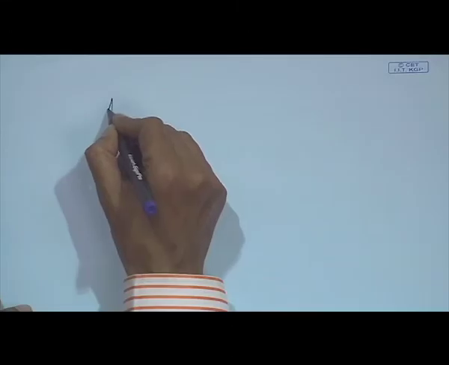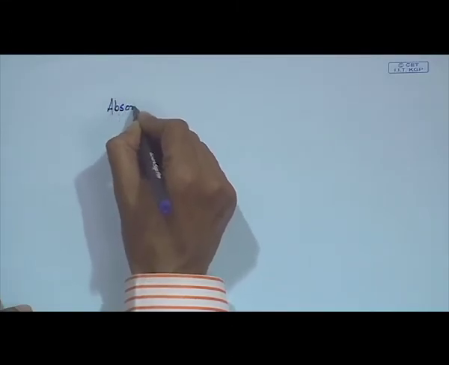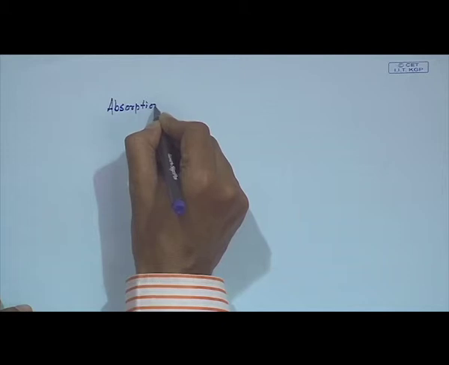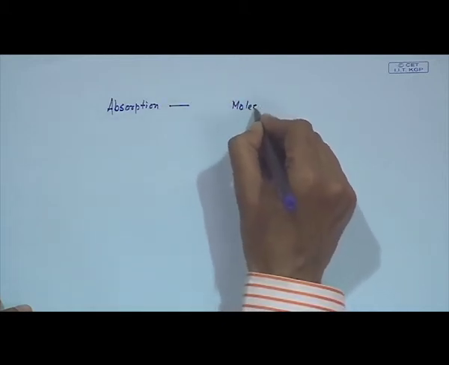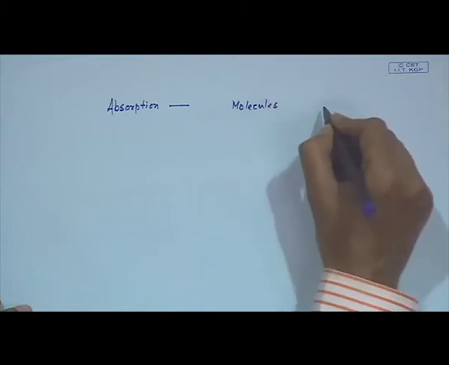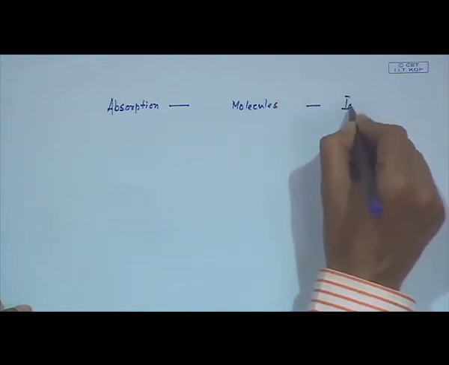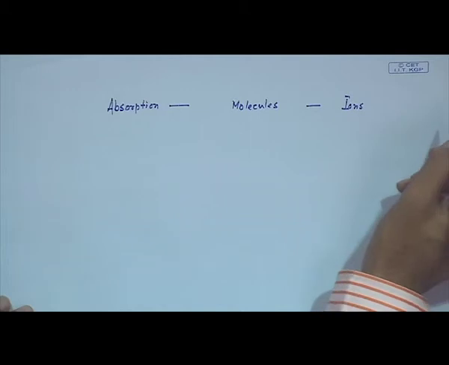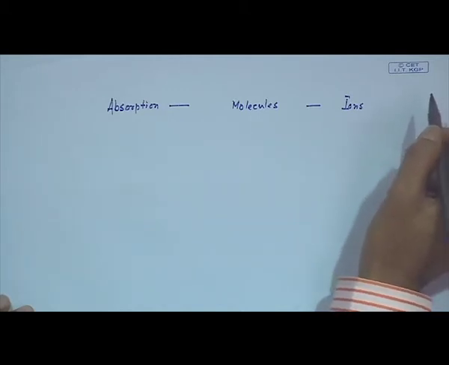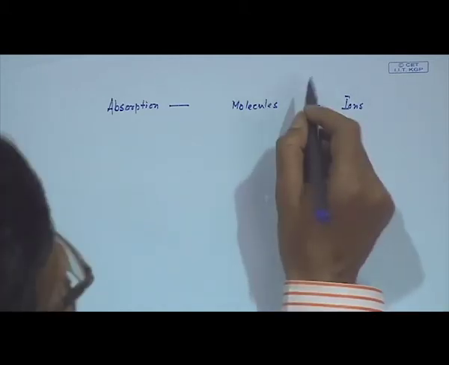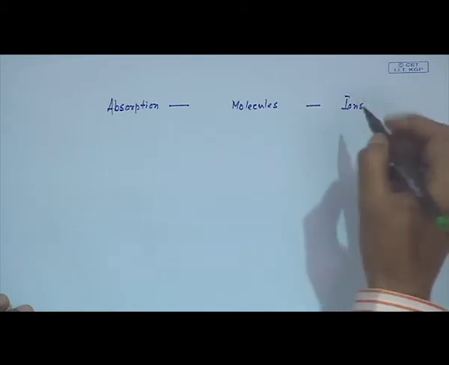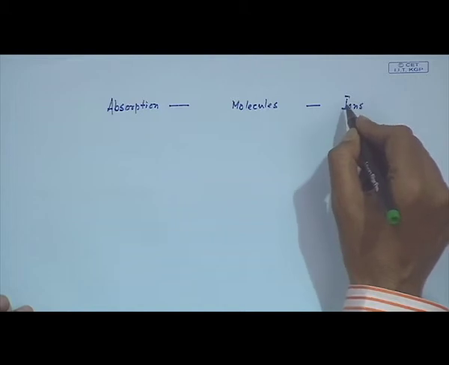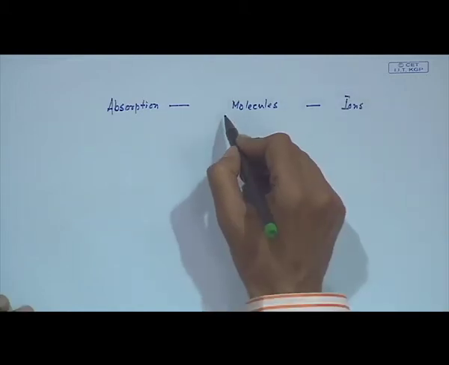So, so far we are talking about absorption, and some molecules, definitely molecules or some ions, the metal ions, are responsible for your color. These molecules can be your corresponding analyte reagent combination or analyte reagent product, where metal ions react with your reagent.